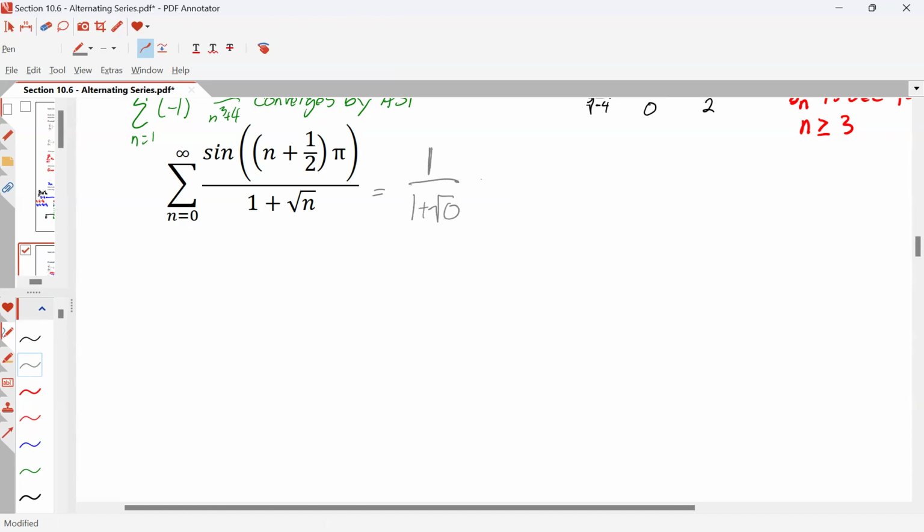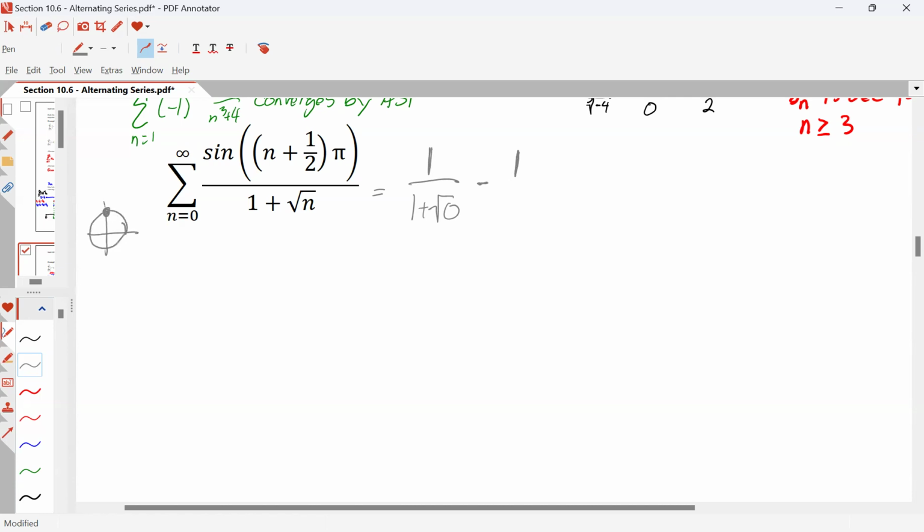When n is 1, we have 3/2 pi inside of sine, and 3 pi over 2 is the bottom of our unit circle. Sine is negative.